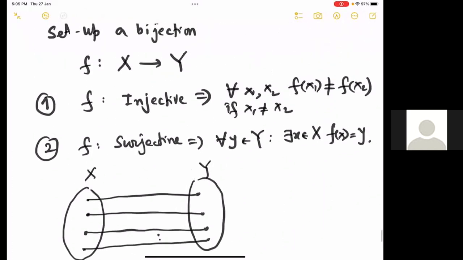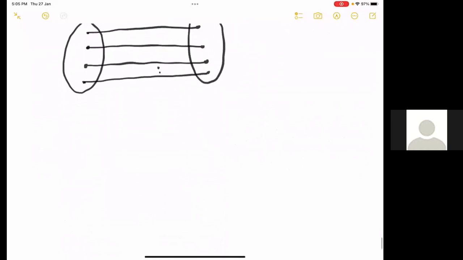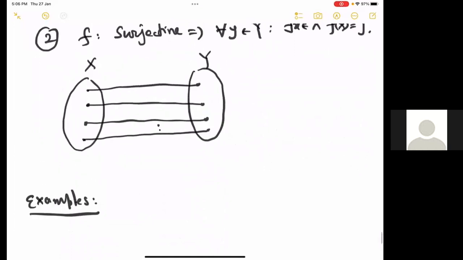So let's start some basic examples. Many examples that I will show today, you can prove using other ideas, right? Ideas from calculus, or ideas from the binomial theorem, ideas from the multinomial theorem.